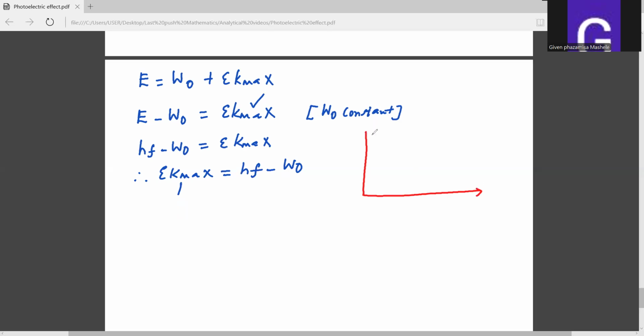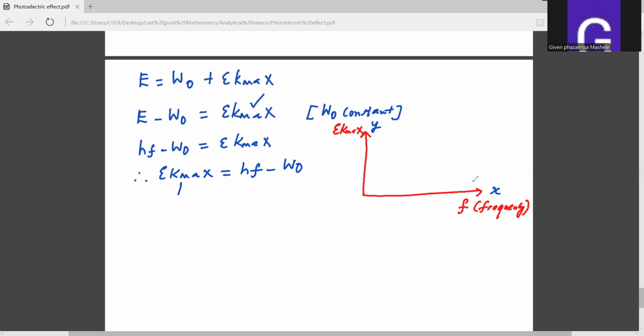Guys, listen to me. On the y-axis, we'll have EK max. On the x-axis, we have the frequency of light. So I want to compare the relationship between EK maximum and frequency. So this is the y, and this is the x.